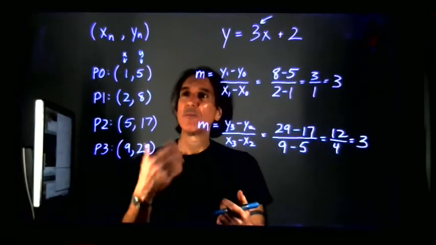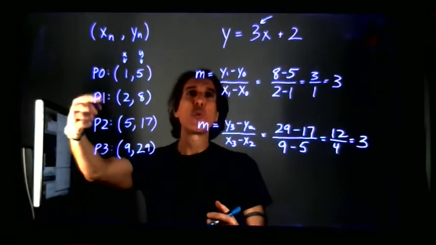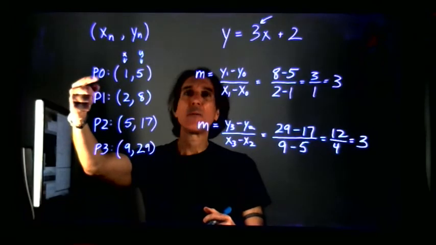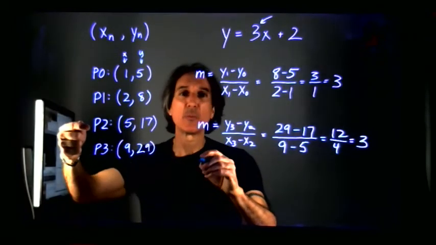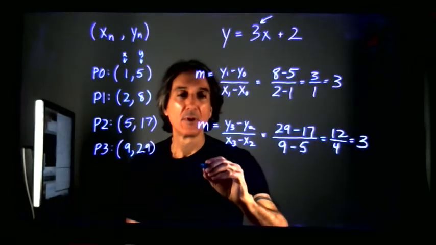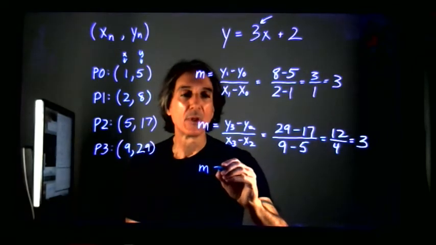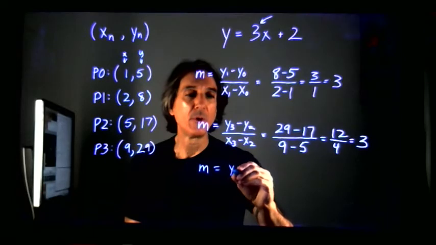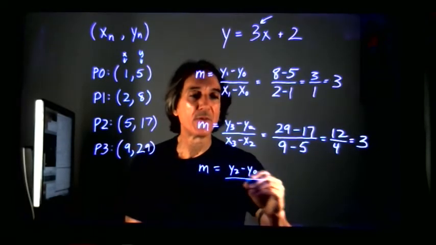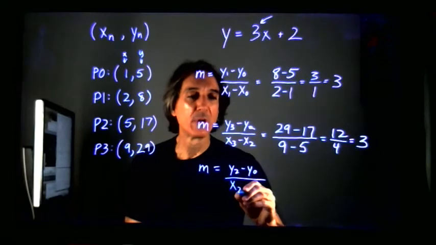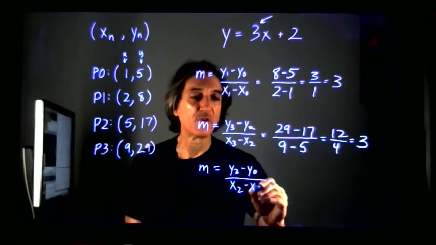Let's go one step further, and we're going to use P0 and P2 to create slope also. So we'll do y2 minus y0 divided by x2 minus x0.